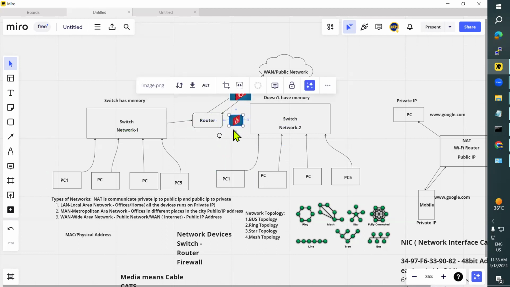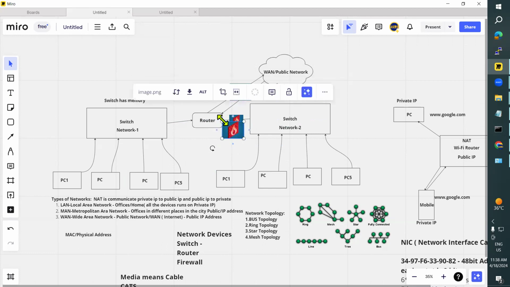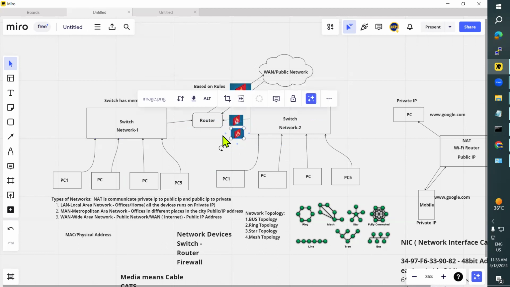Why do we need a firewall inside? We don't have any issues inside, there are no security threats. But we can reduce unnecessary usage.